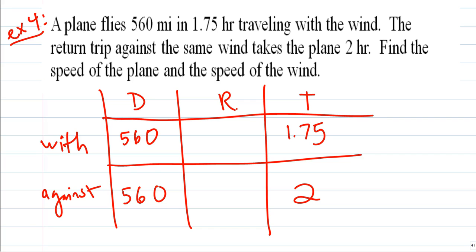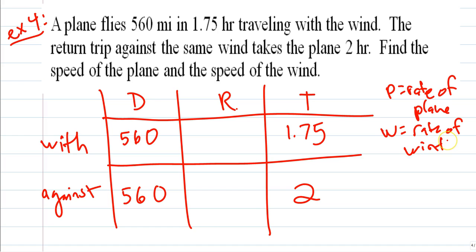And what is the rate? We don't know the rate of the plane or the wind, right? So I'm going to call P the rate of the plane, and I'm going to call W the rate of the wind. If I'm going with the wind, then I'm going to add these rates.